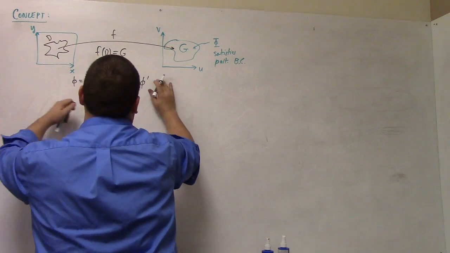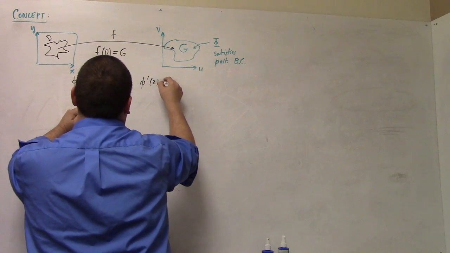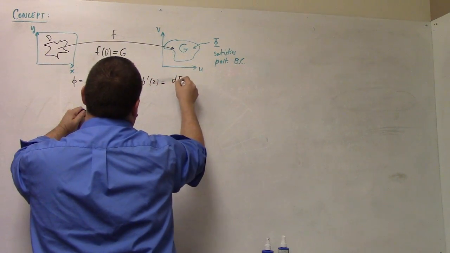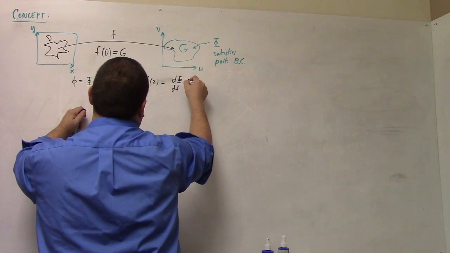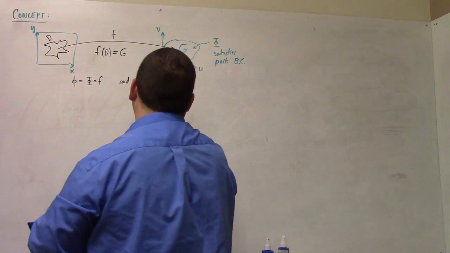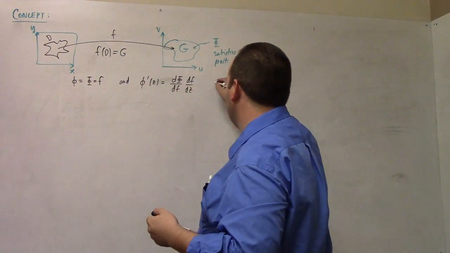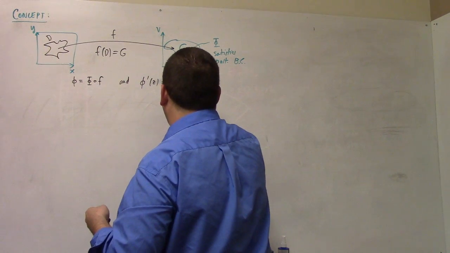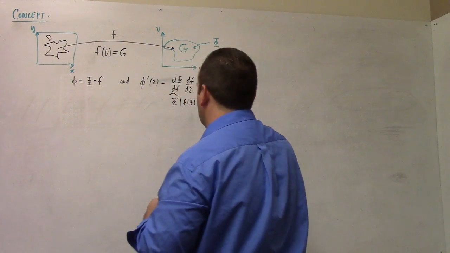Big phi prime of z is essentially d big phi df times df dz. You can denote this as phi prime of f of z, to be more explicit.